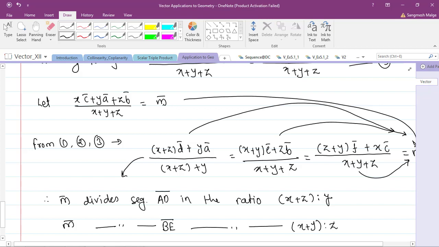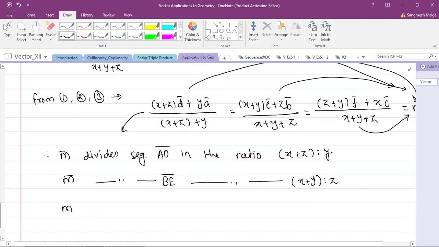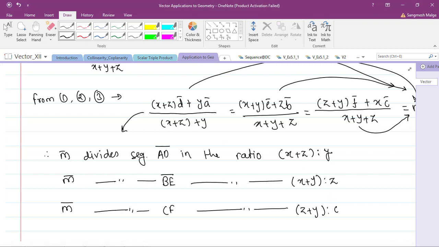Okay, and the last part, M bar divides the segment CF in the ratio z plus y is to x. Sorry, not c. C is the vertex we have, so x is the constant, so it is x.